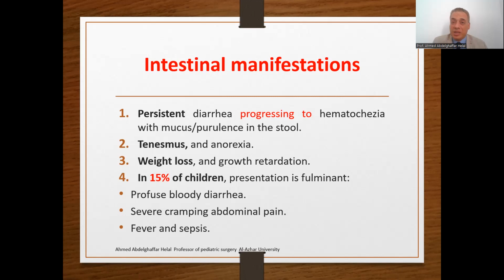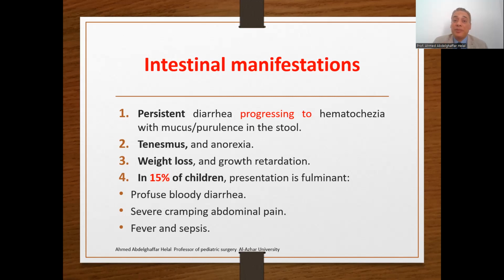So the common presentation in children with ulcerative colitis is resistant diarrhea that is often bloody. Number two, tenesmus, anorexia, weight loss, and growth retardation, as it is a disease affecting growing children or pre-adolescent children.